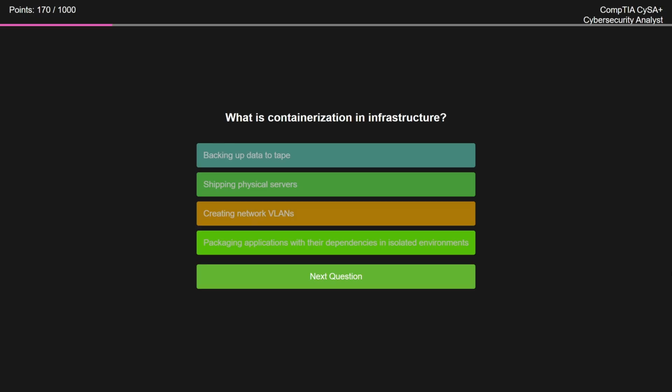What Docker does is it allows you to run those applications in these containers. It's running in an isolated environment.